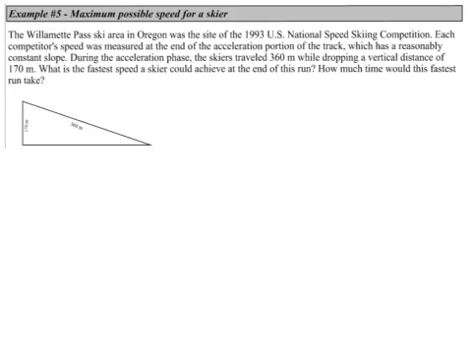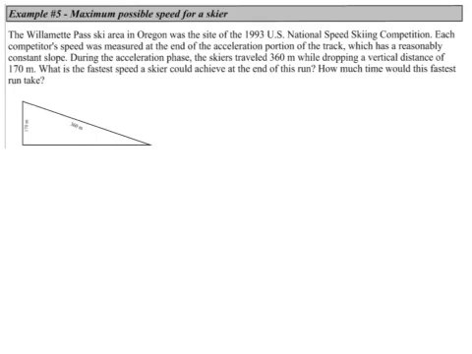The Willamette Pass ski area in Oregon was the site of the 1993 U.S. National Speed Skiing Competition. Each competitor's speed was measured at the end of the acceleration portion of the track, which has a reasonably constant slope. During that acceleration phase, the skiers traveled 360 meters while dropping a vertical distance of 170 meters.